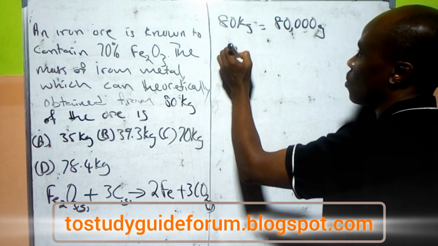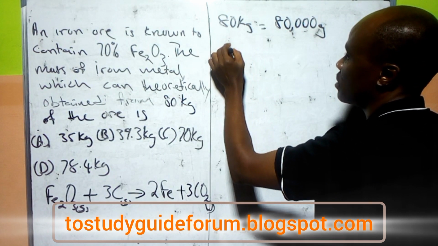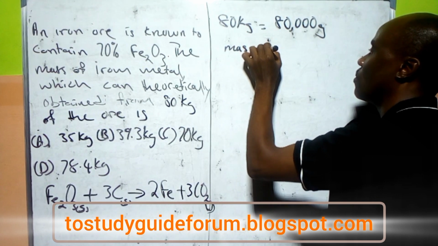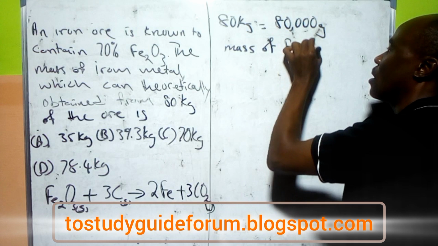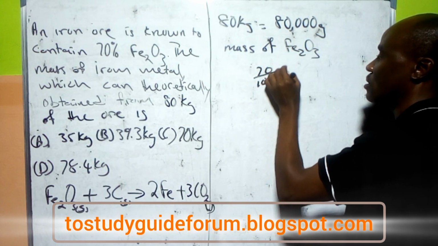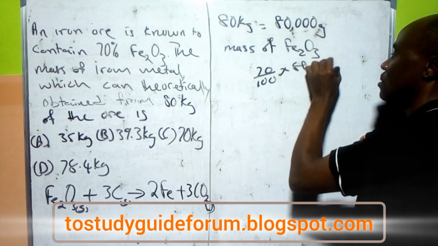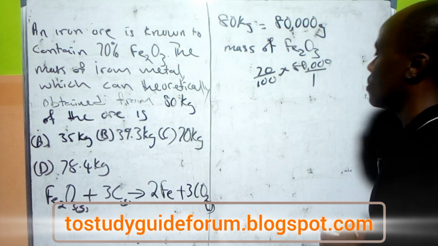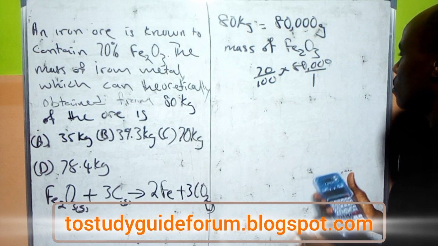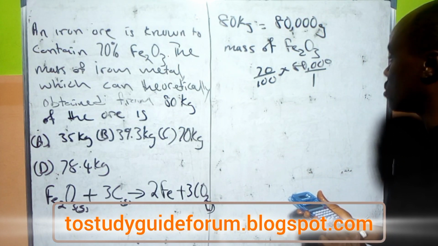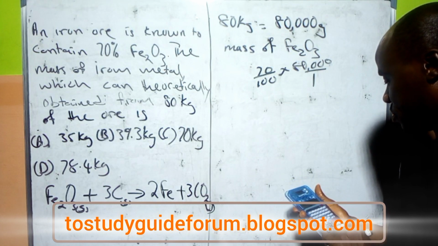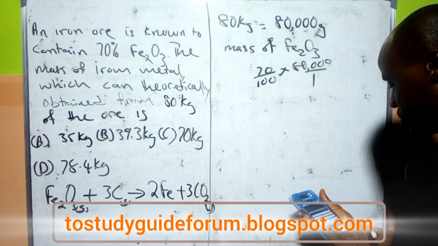So what are we going to do next? The mass of iron 3 oxide will be 70 over 100 times 80,000, that is 80,000 times 70 divided by 100.